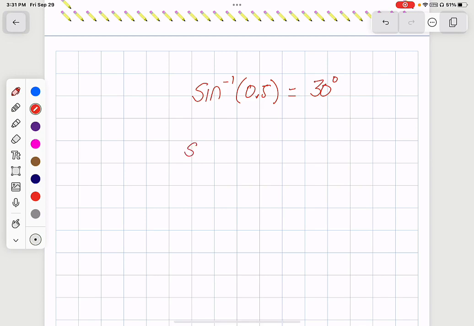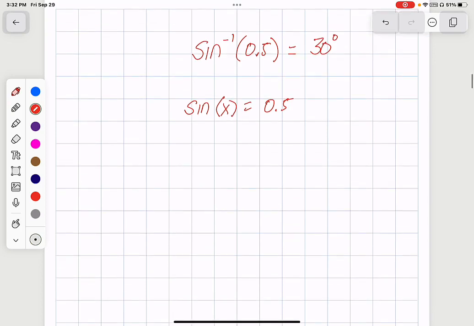However, if I give you this problem, the sine of x equals 0.5, notice the difference here. The inverse sine function has these restrictions on the range where it can only be 30 degrees. However, the sine of x equals 0.5 asks you what angles, plural, have the sine of 0.5. So you would look at something like this.